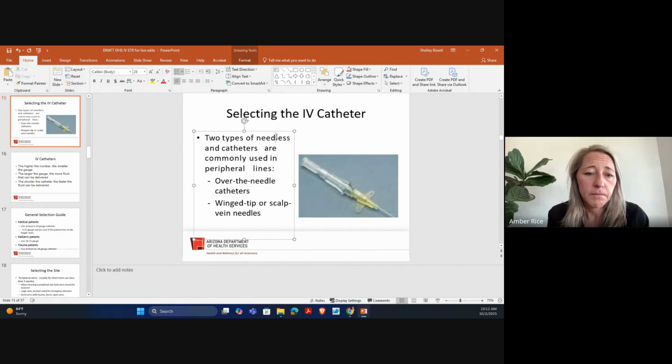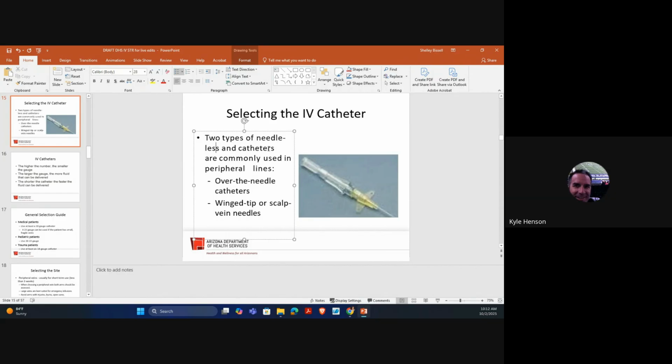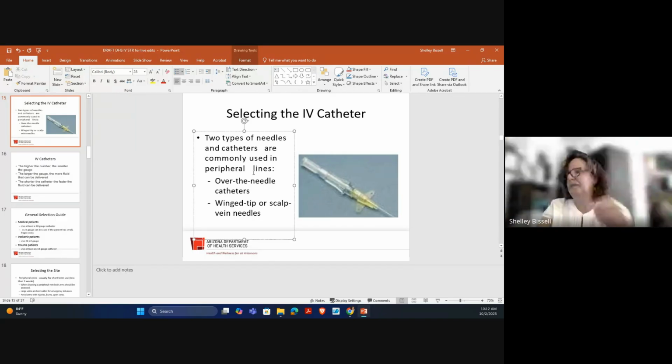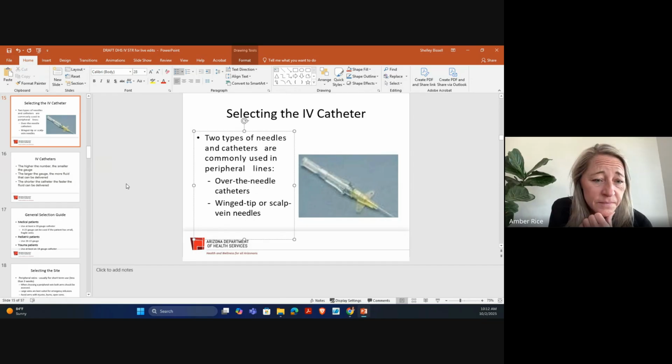Oh, yeah. I think it's supposed to be needle-less catheters, right? Is that what it's supposed to read? Needle-less catheters? I'm not sure if it's needles and catheters or needle-less catheters. Let's see what they're called.